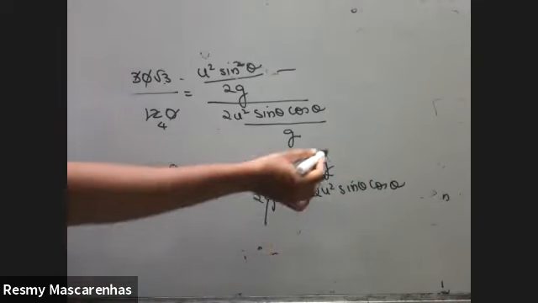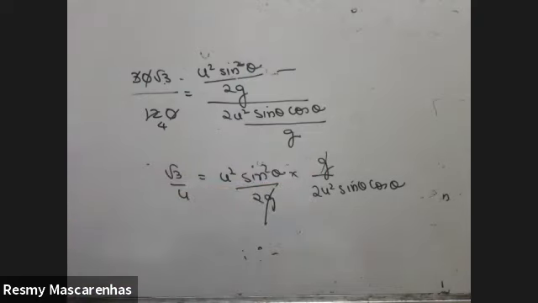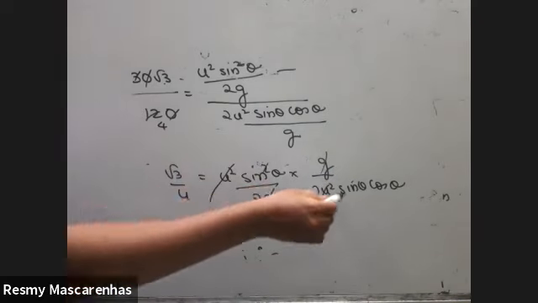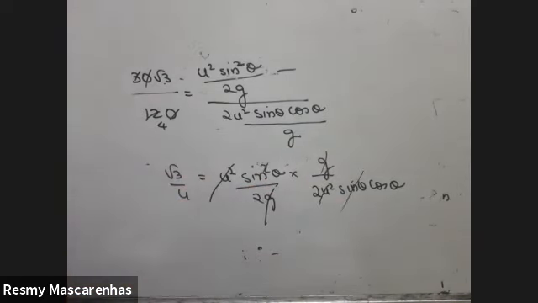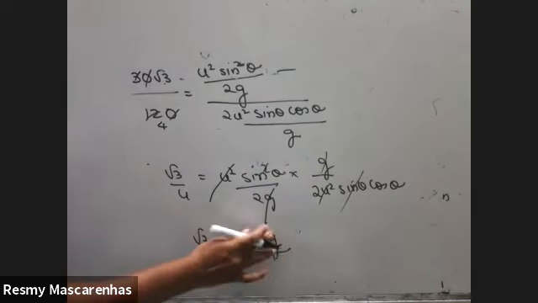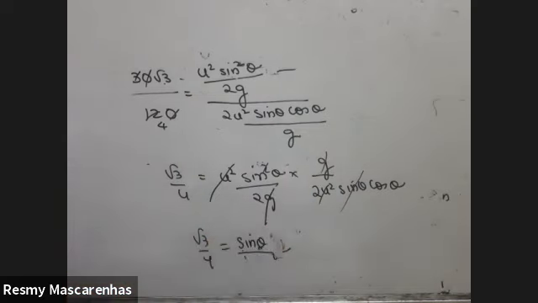And now whatever is getting cancelled, one sin will go. g is there. So what remains is 4 cos theta.